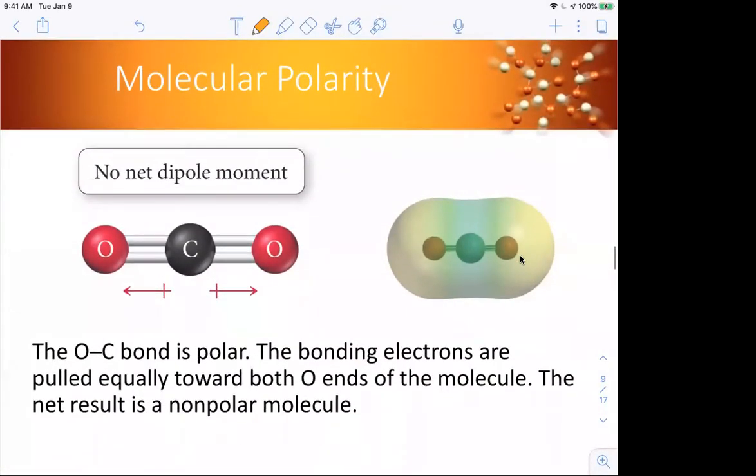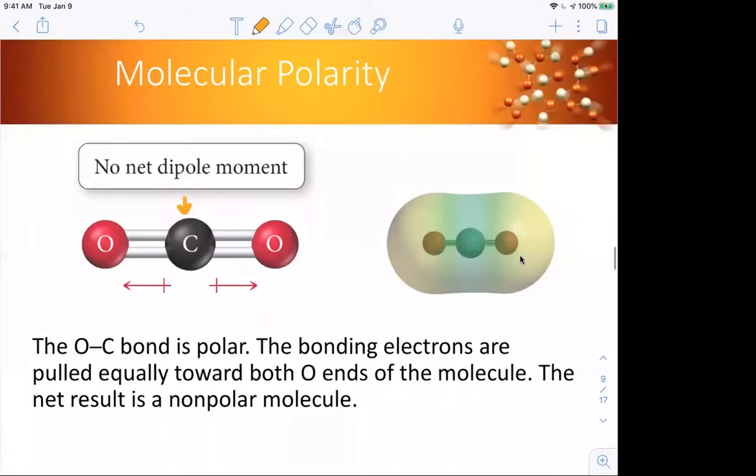So let's look at carbon dioxide. Right here, I have a central atom, carbon, and then I have 2 oxygen bonds to the carbon. So I have a carbon-oxygen double bond pointing to the right, and a carbon-oxygen double bond pointing to the left. This is going to be linear because I have 2 charge clouds.